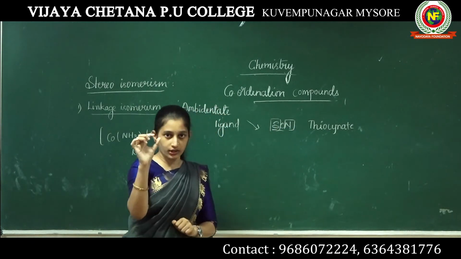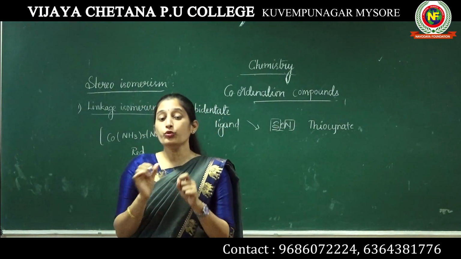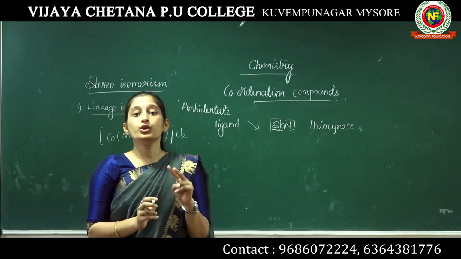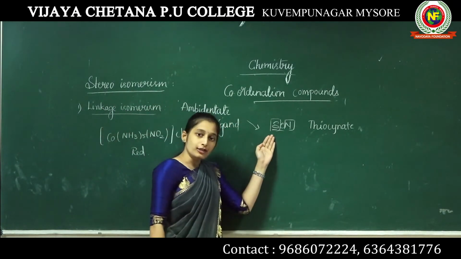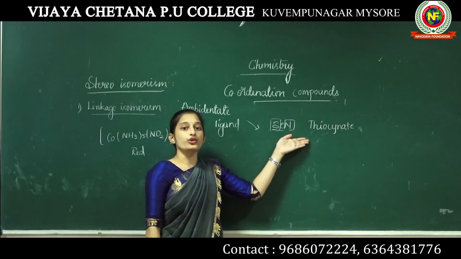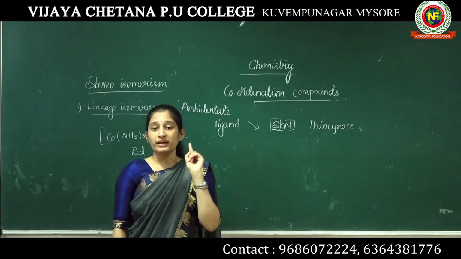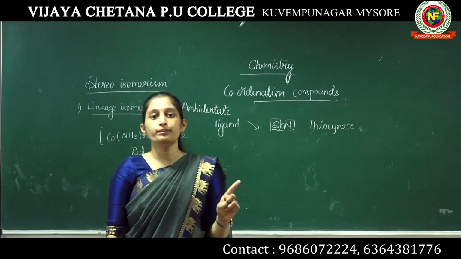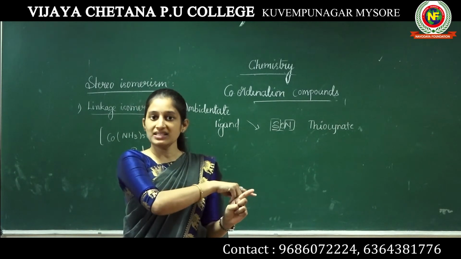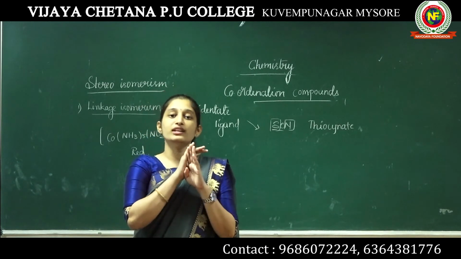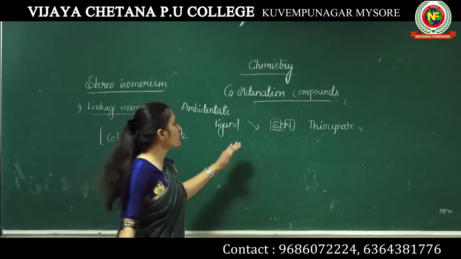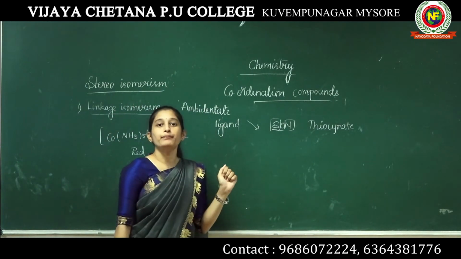Thiocyanate is one molecule, no doubt in that. But within the same molecule, 2 ligating atoms are there. Maybe sulfur can donate or nitrogen can donate. But at a particular instant, in a particular compound, either sulfur or nitrogen may donate. Both never donate. Such type of ligand we call an ambidentate ligand.